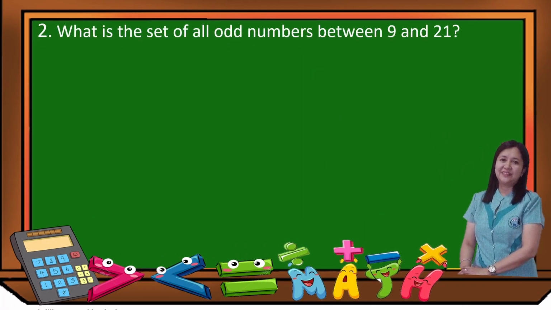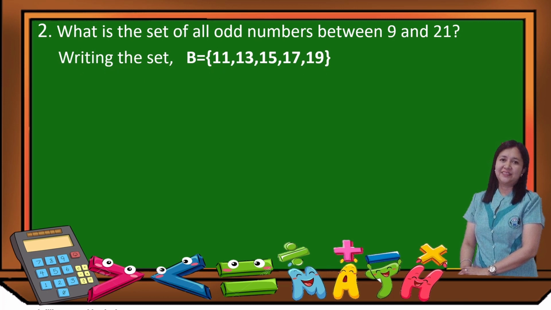Example 2. What is the set of all odd numbers between 9 and 21? Do you know what odd numbers are? When we say odd numbers, these are numbers ending in 1, 3, 5, 7, and 9.